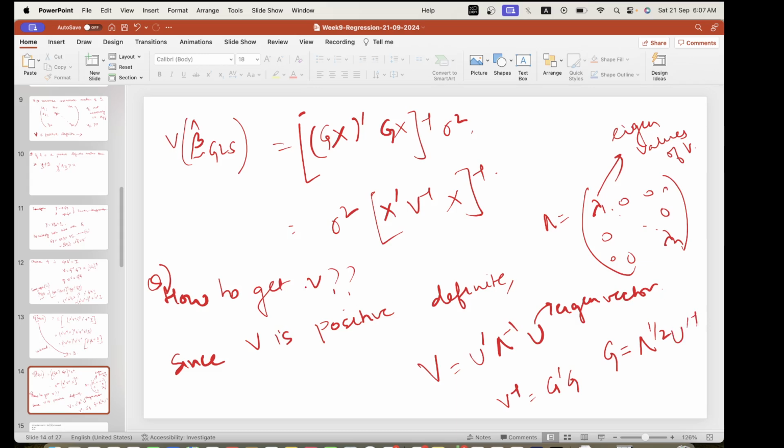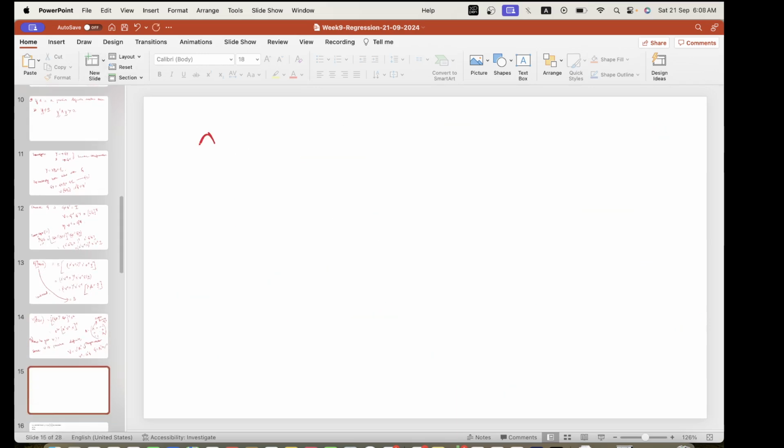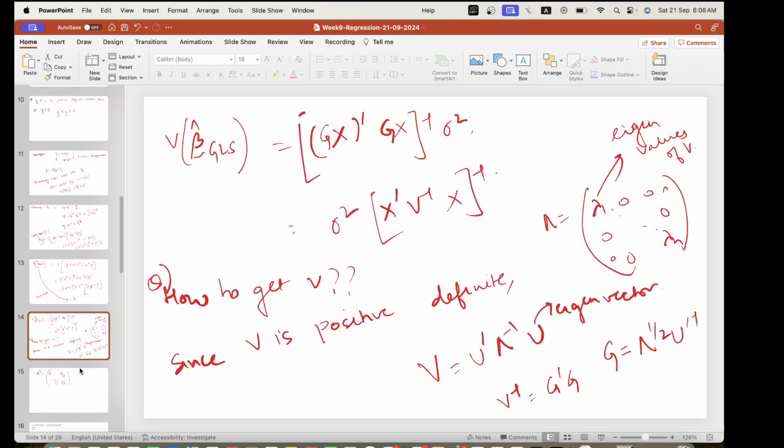And lambda to the power half is a diagonal matrix with root over lambda 1, root over lambda 2, root over lambda n, and 0 off the diagonal. So this is what is called generalized least squares.